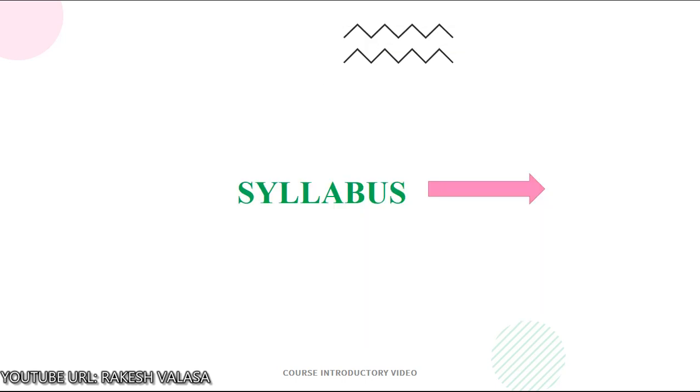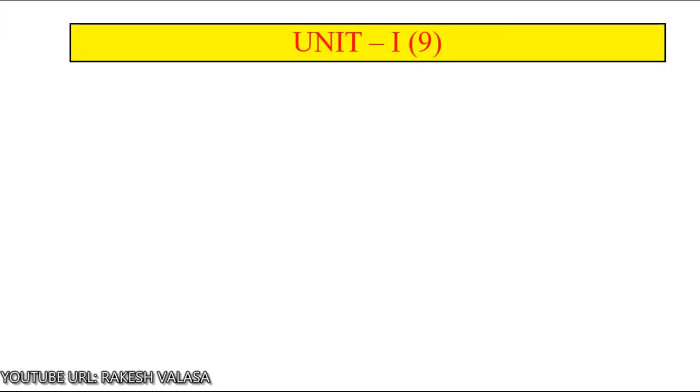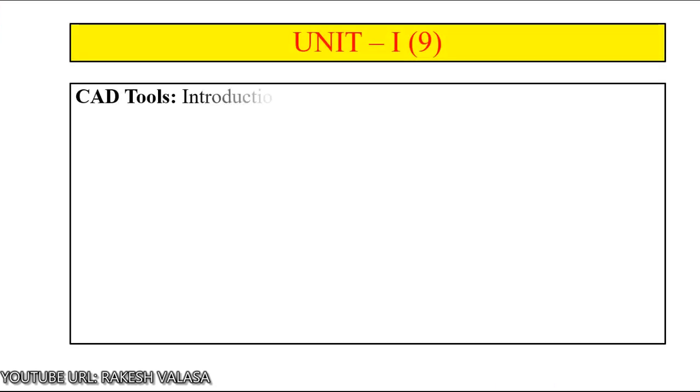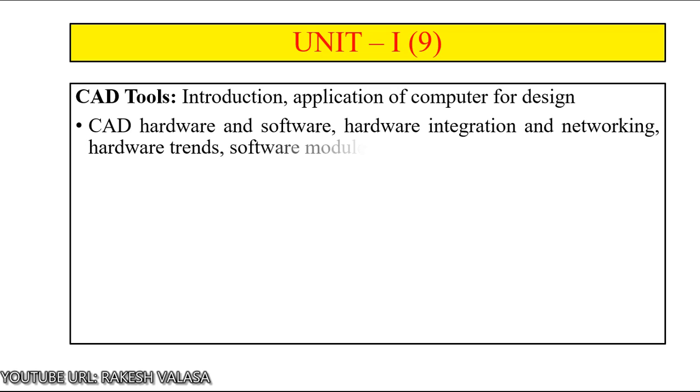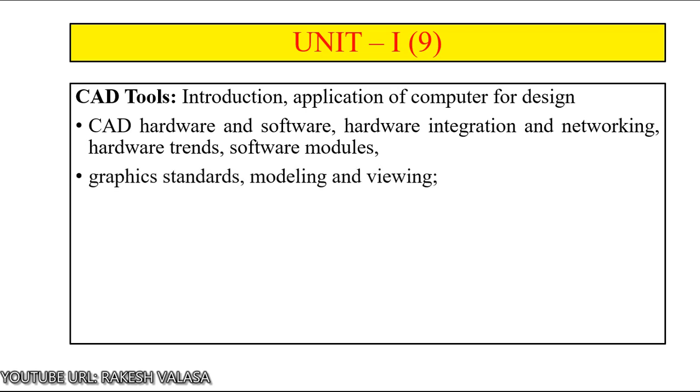Now, let us see what contents are available in this course. Every unit is divided into two chapters. In the first chapter we will discuss CAD tools and its applications. Next, CAD hardware and software, hardware integration and networking, hardware trends and software modules, graphic standards, modeling and viewing, applications and benefits of computer aided design.